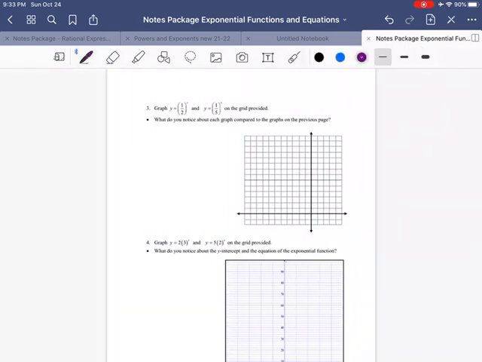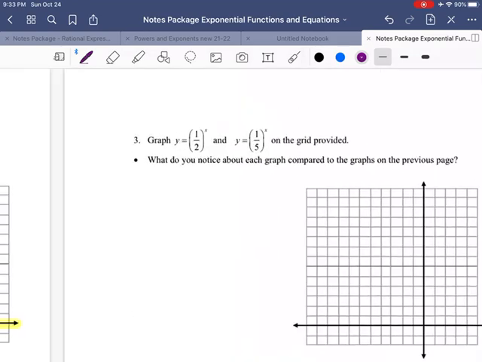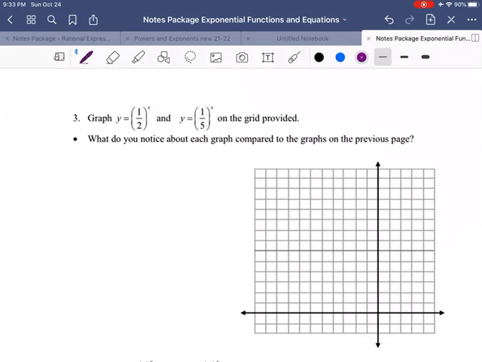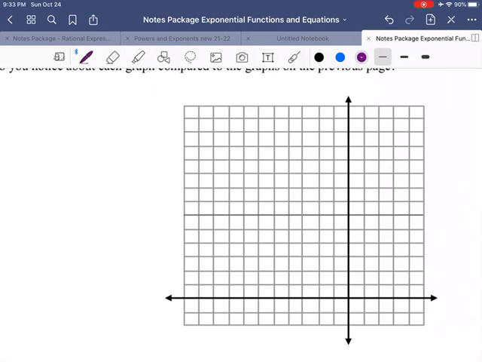Let's graph y equals (1/2)^x and y equals (1/5)^x. All right, so again, a little table of values to help you sort out what you're doing, and pause the video and then hit play, and then you should find something similar to what I'm going to graph here.